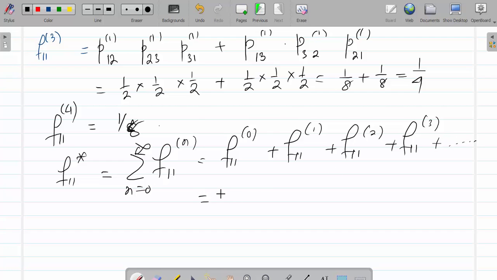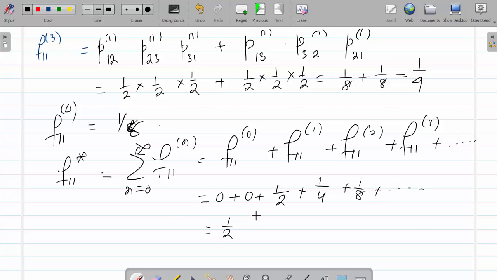So this is equal to 0 plus 0 plus 1/2 plus 1/4 plus 1/8 plus so on.